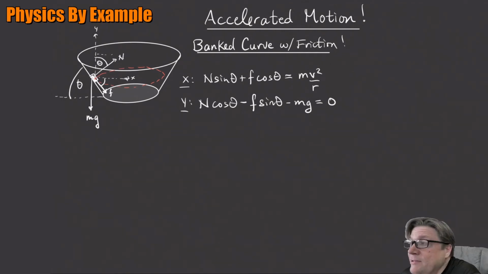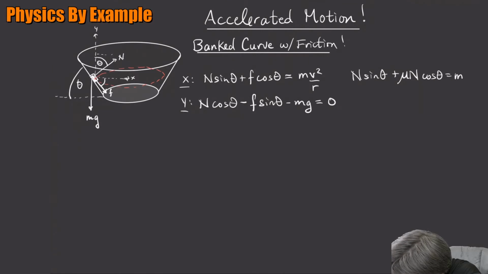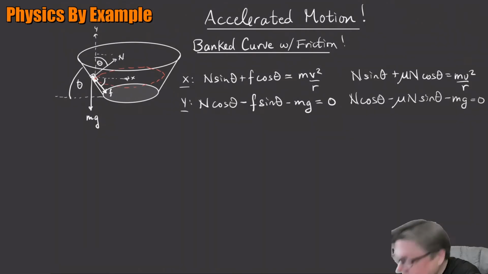All right, so let me rewrite the top equation. This is going to be n sine theta plus mu n cosine theta is mv squared over r. And then I got n cosine theta minus mu n sine theta minus mg equals 0.